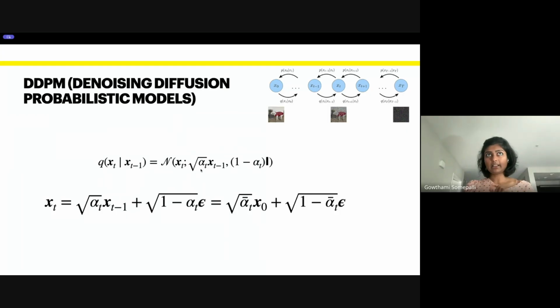This can be a completely different thing too. It's not set in stone that this root of alpha t has to be here. The only thing to notice is it's a time dependent value. So this root alpha t, how much you are scaling your input, depends on the time.